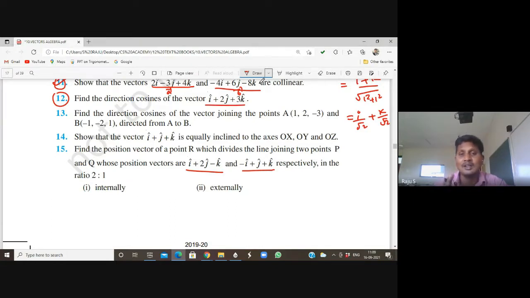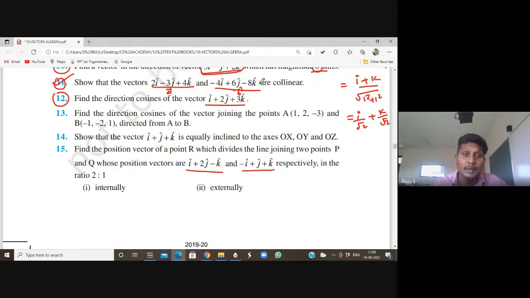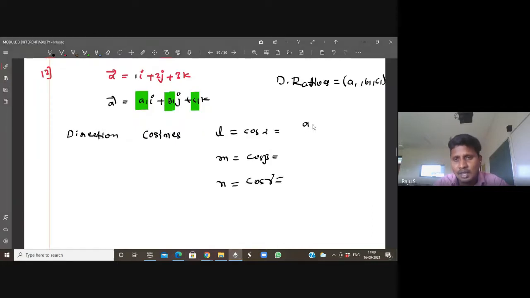Direction ratios are directly the scalar components. But the direction cosines depend on the direction ratios. Here the direction ratios are a1, b1, c1, but the direction cosines are a1 by magnitude of the given vector, b1 by magnitude of the given vector, c1 by magnitude of the given vector.